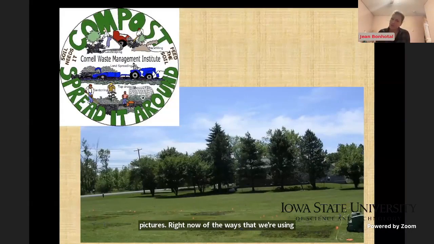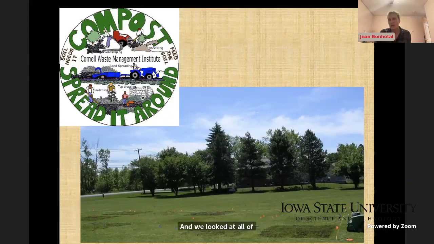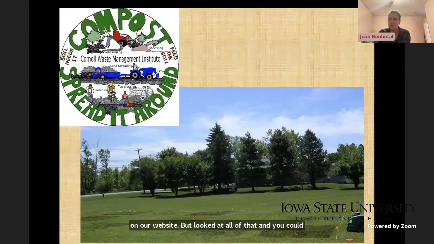So just so we can get some more ideas, this was a trial with 1/2 inch, 1/4 inch, fertilizer, no fertilizer. And we looked at all of that. Those reports are on our website, but you could see immediate green up when we put compost on those sites.